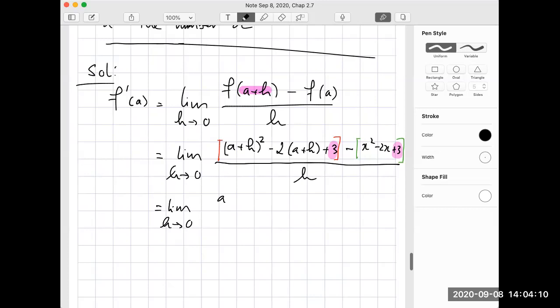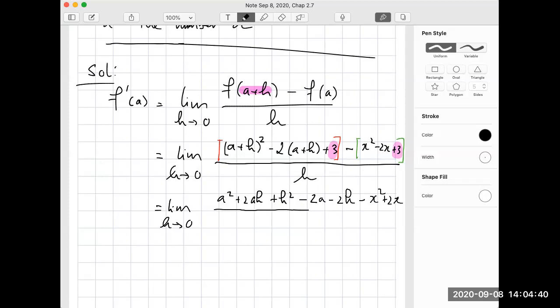It is a squared minus 2ah plus h squared minus 2 times a minus 2h minus x squared.